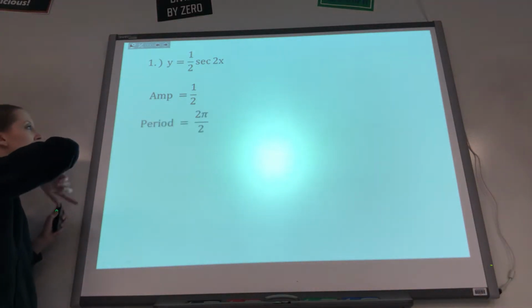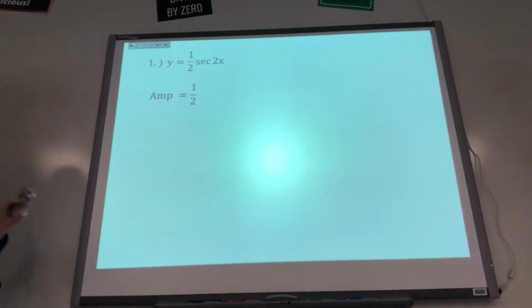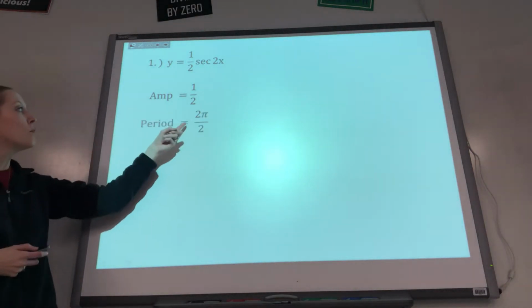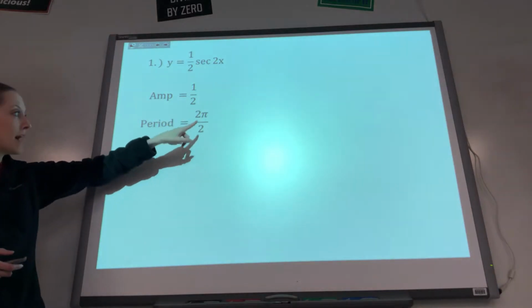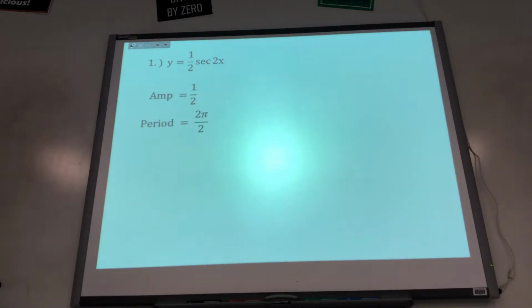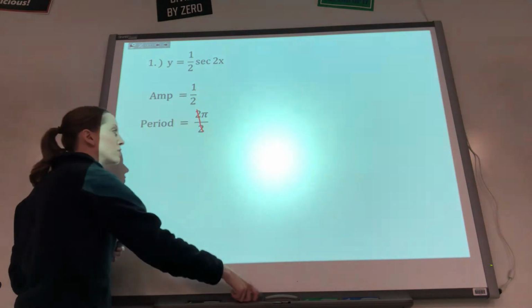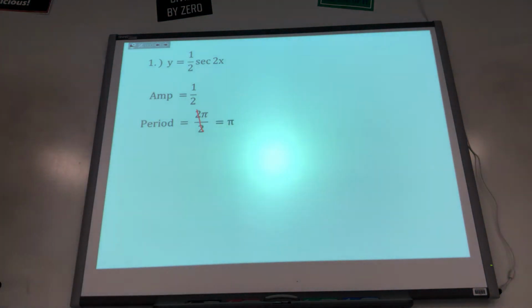Now, like I said earlier, to find the period with secant and cosecant, we're back to 2 pi divided by b. So I can see up here, b is still that number in front of x. So b is 2. And then it turns out that the 2's go away and you're just left with pi.